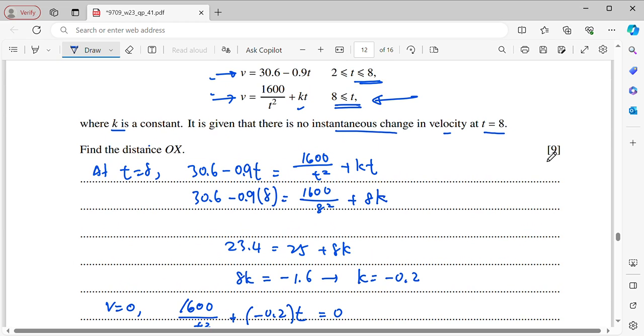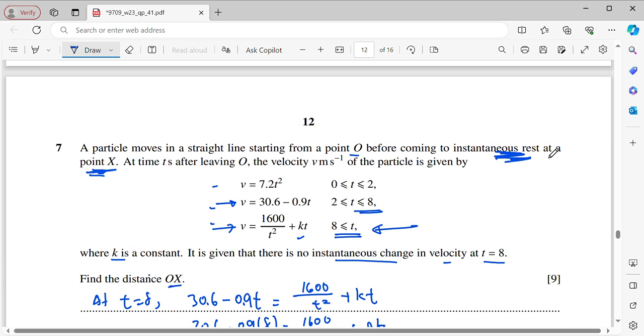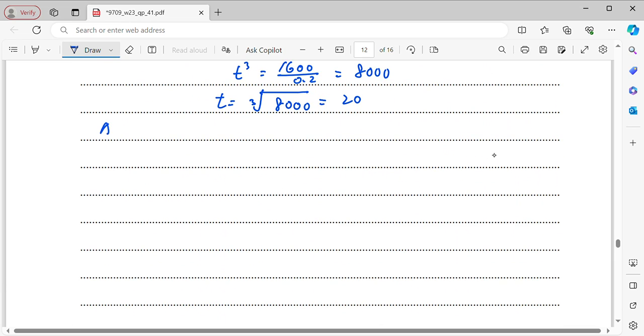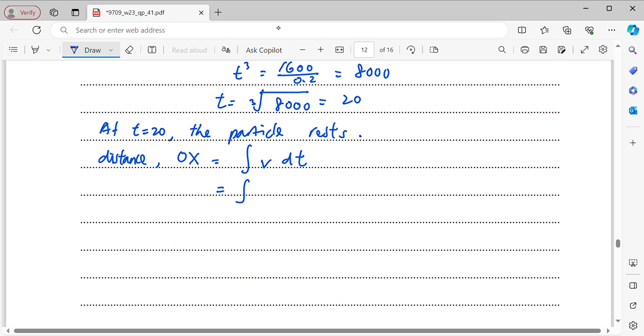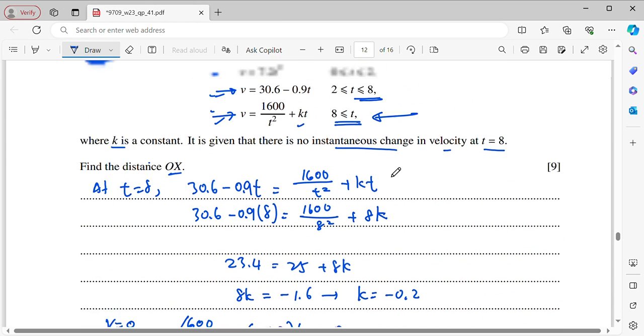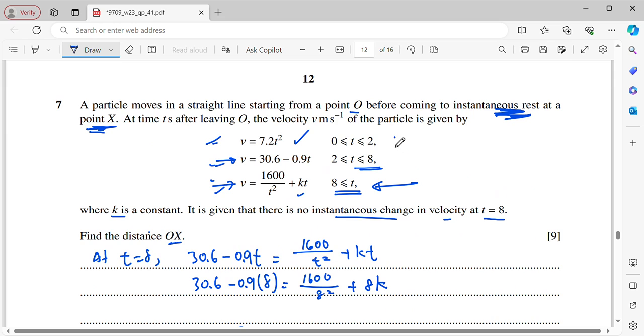So now I need to find the distance OX. That means we need to integrate all these v with respect to t. At t equals 20, the particle rests. So now the distance, which is OX, will be the integral of v dt. I have to split it into 3 integrations. The first integration is 7.2 t squared, t from 0 to 2.